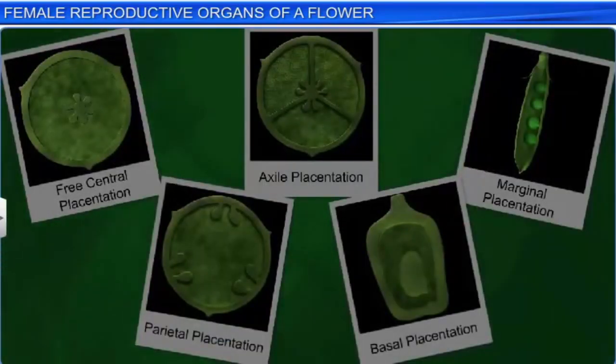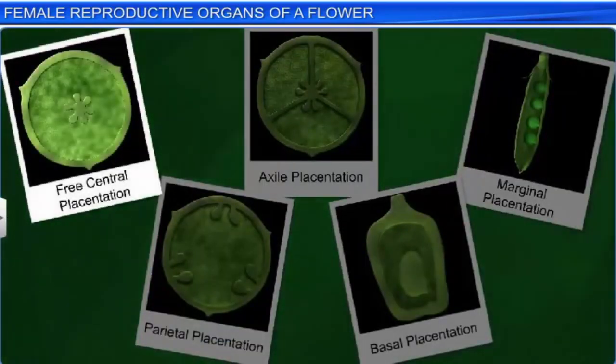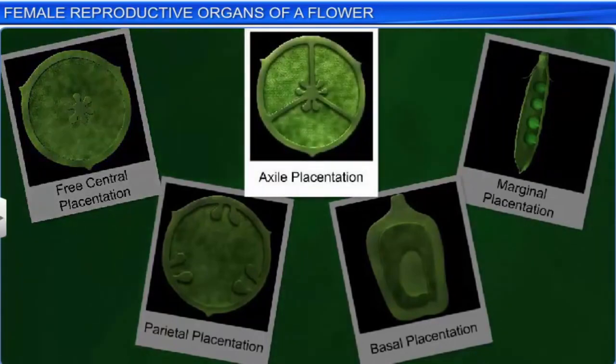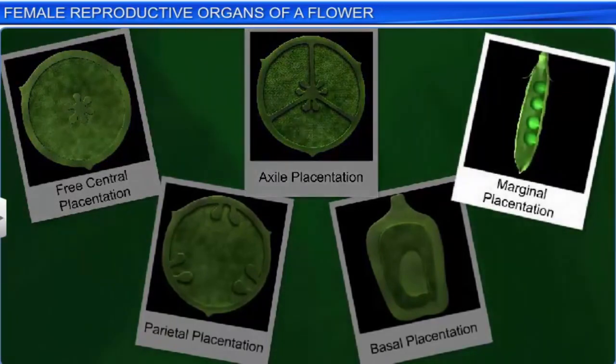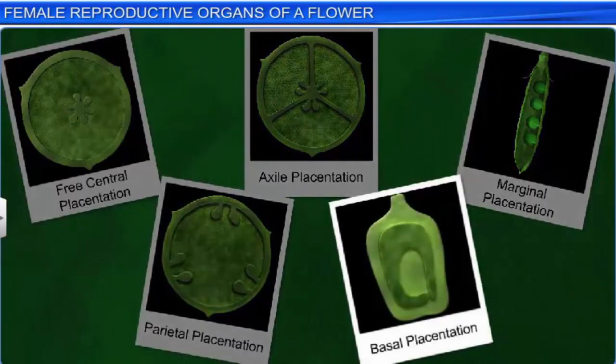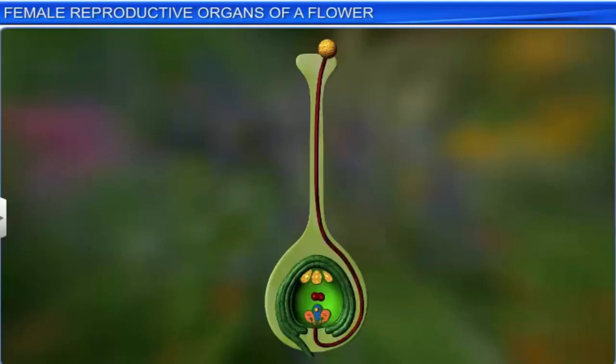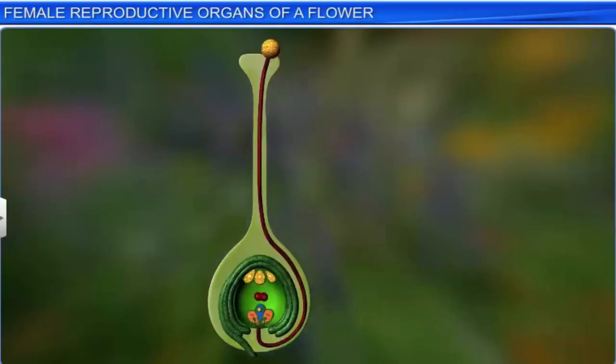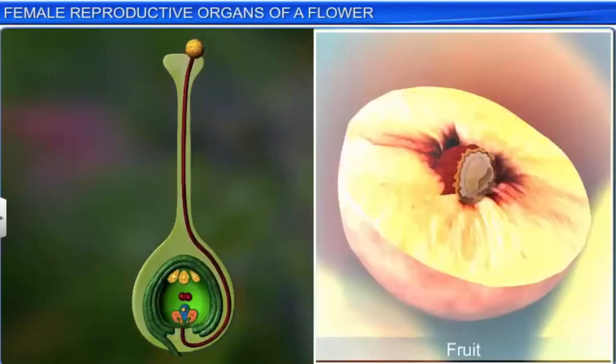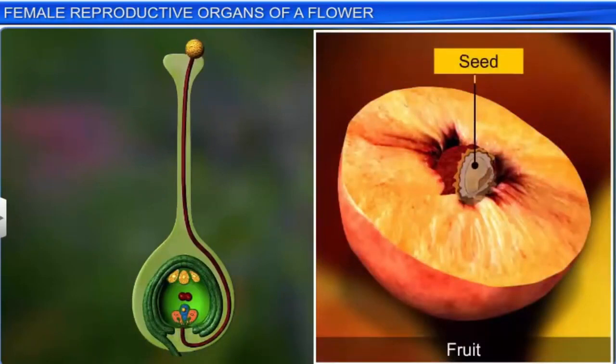These ovules may be arranged in free central, axial, marginal, parietal, or basal placentation. Moreover, after fertilization, the ovules form seeds while the ovary develops into a fruit.